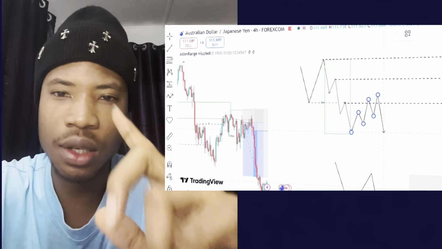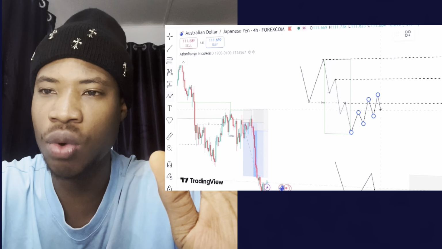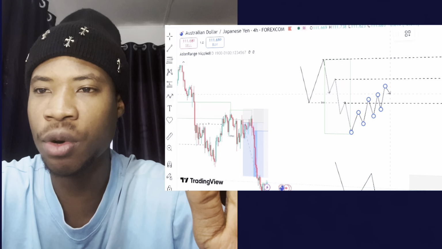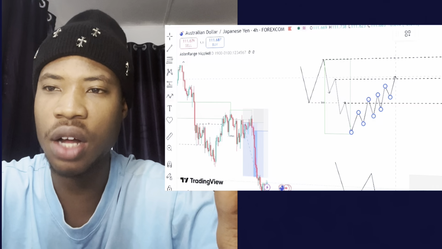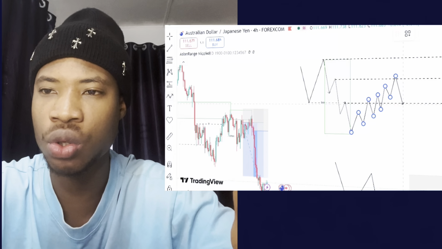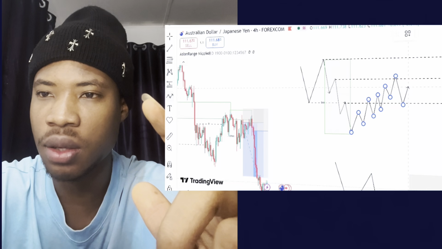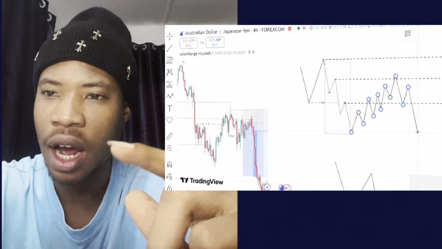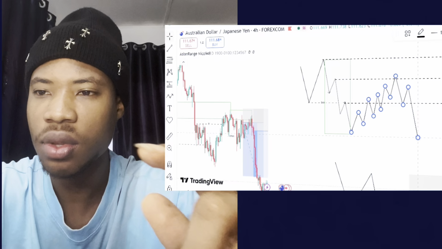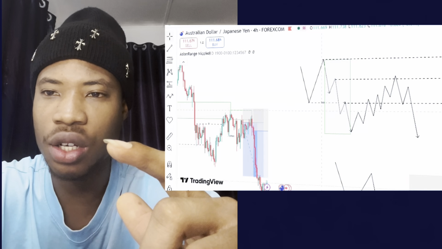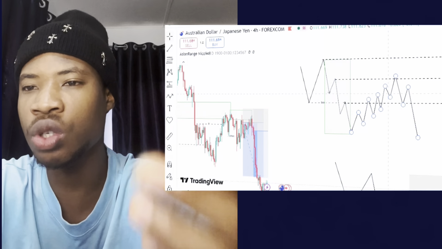But if the market did not change structure, you stay patient and you wait for the market to continue pushing back to the next reversal point, which is the next liquidity. We take out the next liquidity, and what will happen? We are going to change structure. Then when we change structure, you wait for retracement to get a good entry and you sell to the downside. So as you can see, I use liquidity, and I still use market structure to enter.